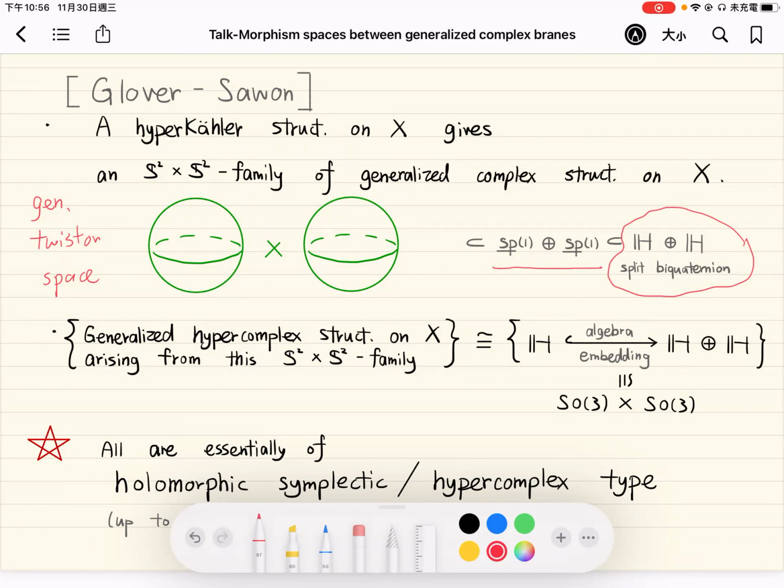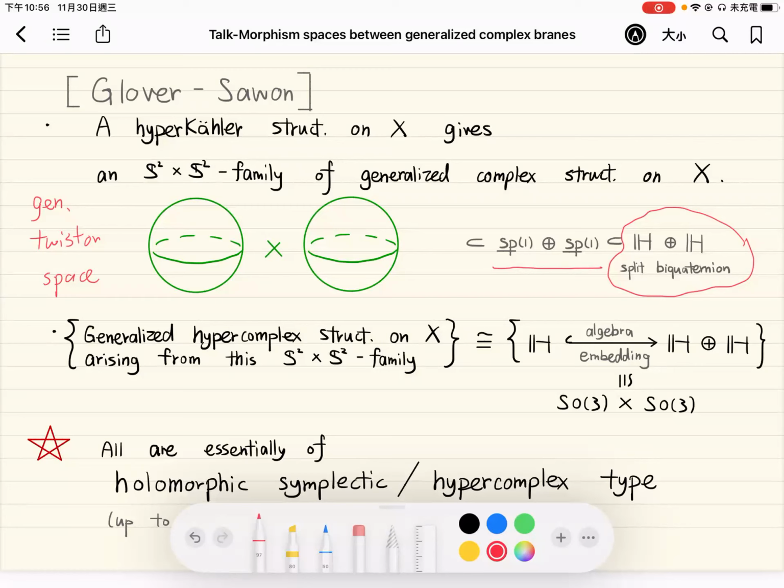And if you want to classify all the generalized complex structures on X arising from this S2 cross S2 family, that means if we pick a triple of generalized complex structures within this generalized twisted space satisfying the quaternionic relation, then indeed this generalized hypercomplex structure is in one-to-one correspondence with an algebra embedding of the quaternion into the split biquaternion.